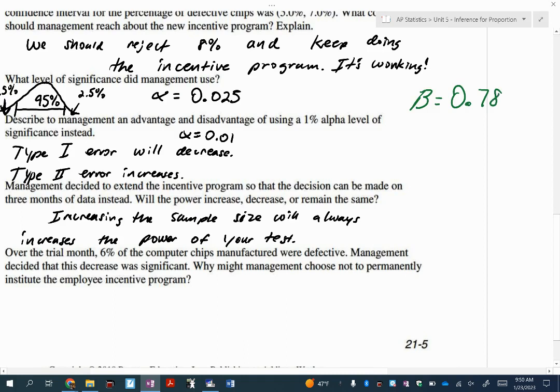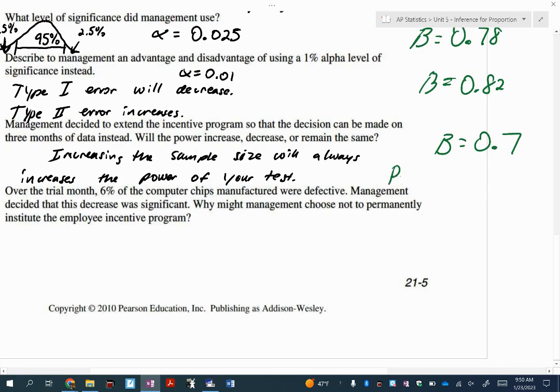All right, then what did we do to our alpha? We decreased it, so what happened to our beta? It increased. So let's say it went to 0.82. Okay? So now what's happening in this one where we increase the sample size? What's happening to our beta? It goes down. Oh my gosh, 0.7. All right? The power of a test is 1 minus beta.